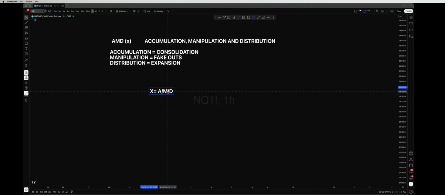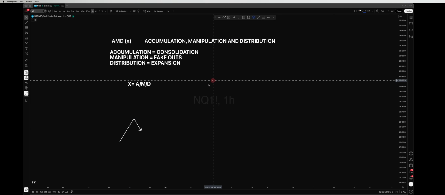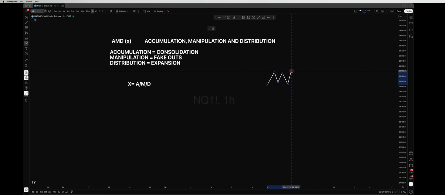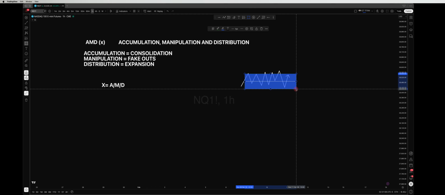All right, so if you have a price that is just going up and down and up and down, that means you have accumulation going on.